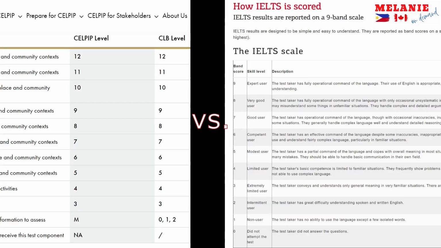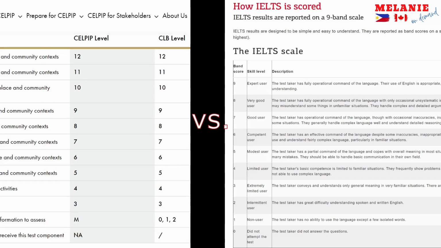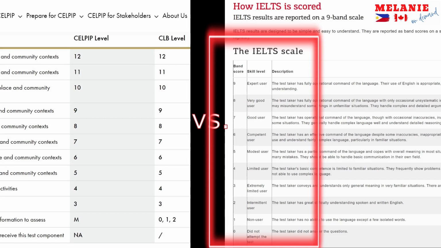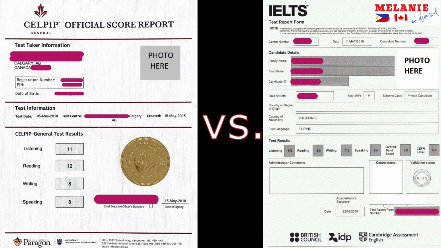To illustrate clearly, here is a comparison between the marking systems of the two tests. If you took CELPIP, your score will be in terms of CLB level, and the highest score possible is CLB 12. For IELTS, it will be in terms of IELTS band score, and the highest level is band 9. Here is a side-by-side example of the two test reports.